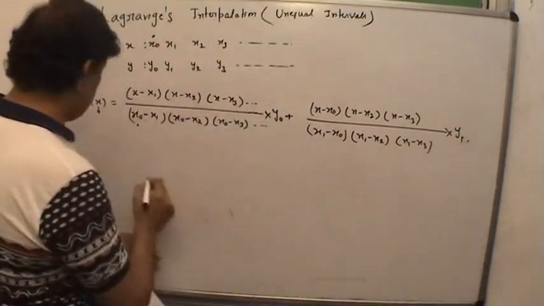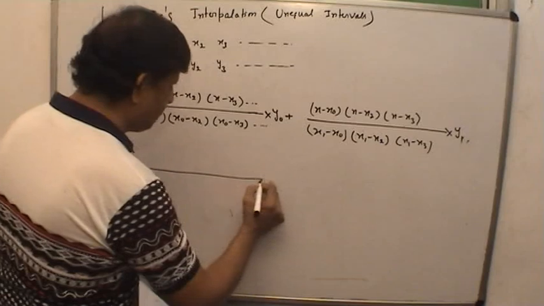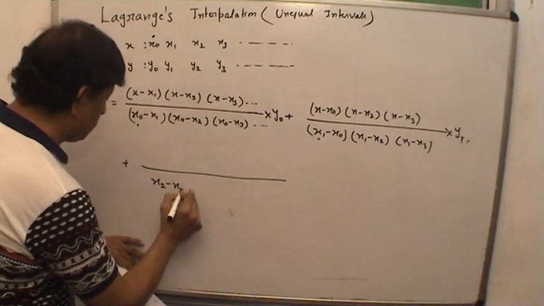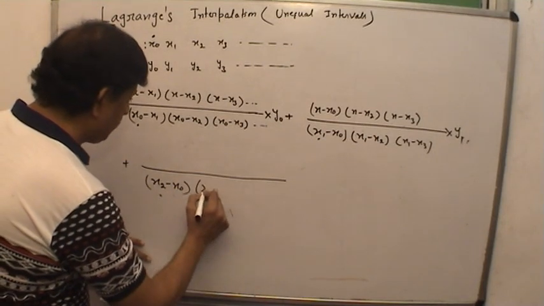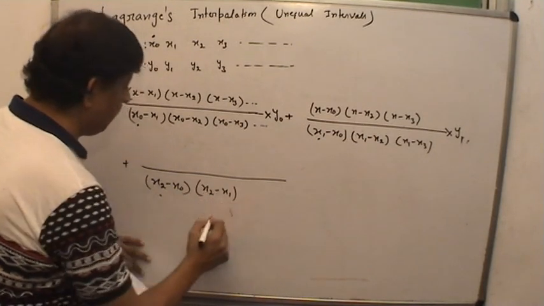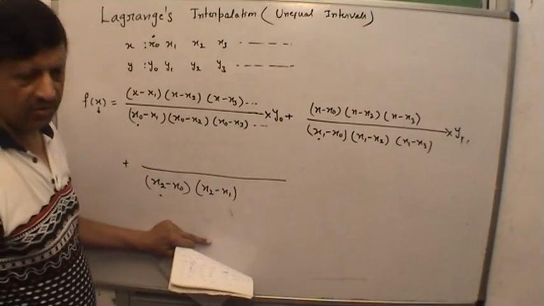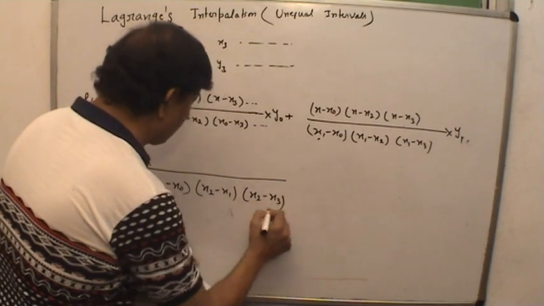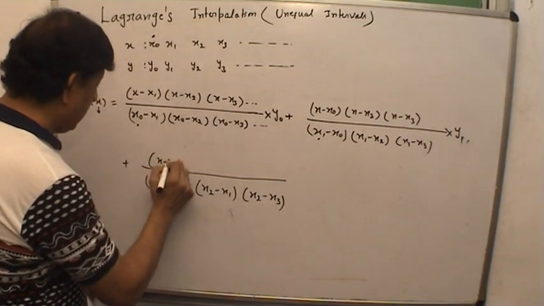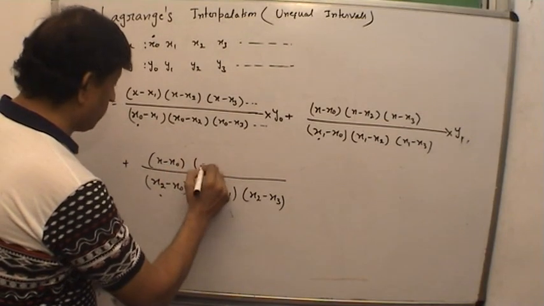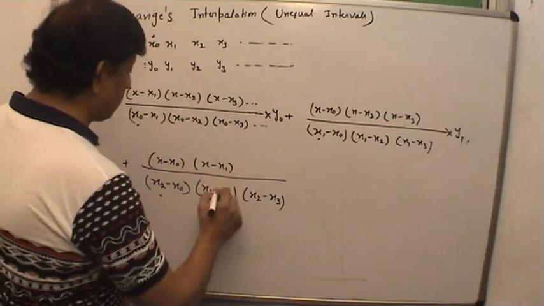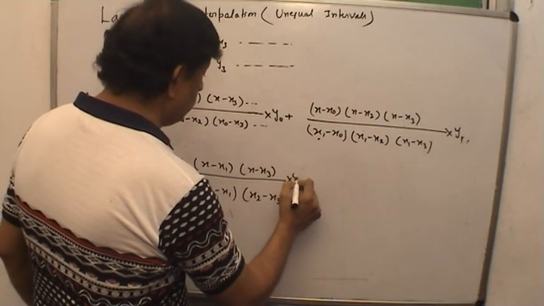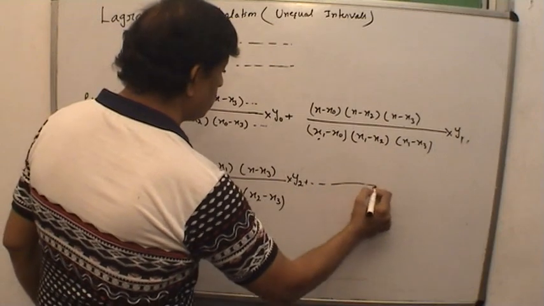The third step: after x1 it comes x2 minus x0, x2 minus x1. We cannot write x2 minus x2, so the next term is x2 minus x3, and here x minus x0 into x minus x1 into x minus x3 into y2, plus and so on.